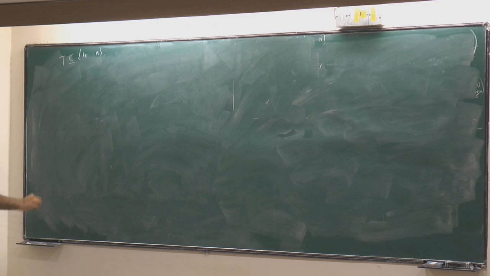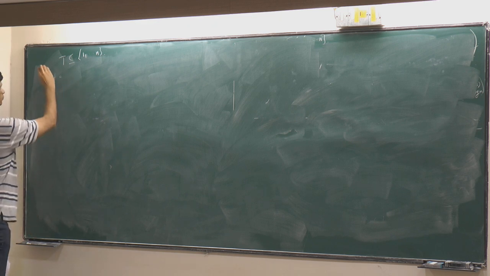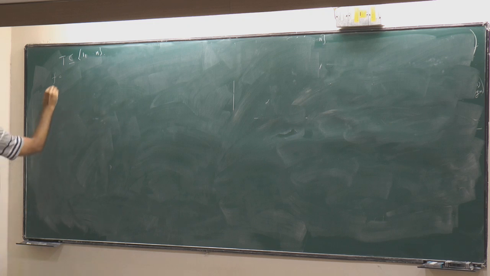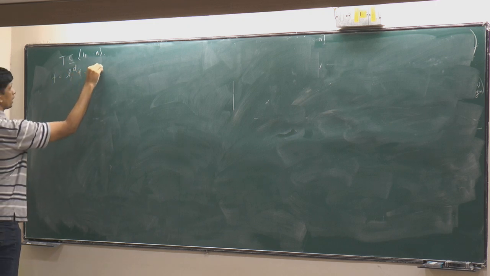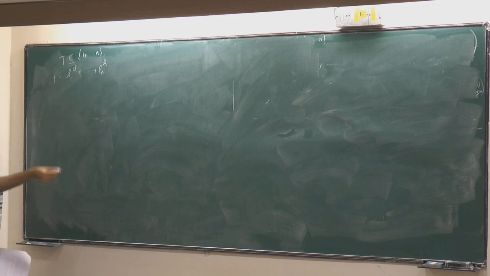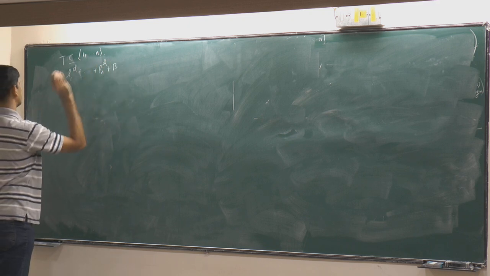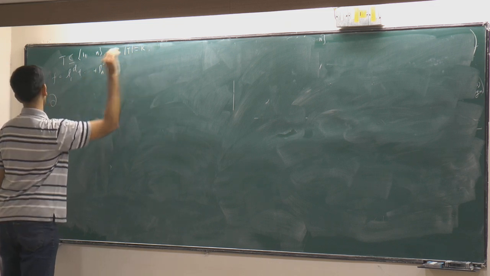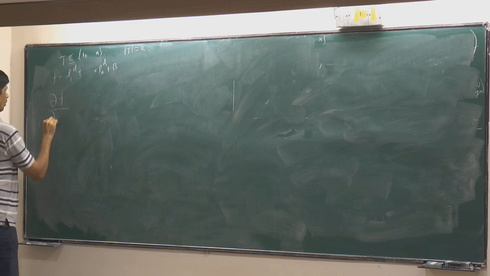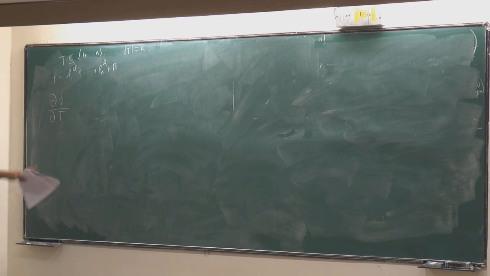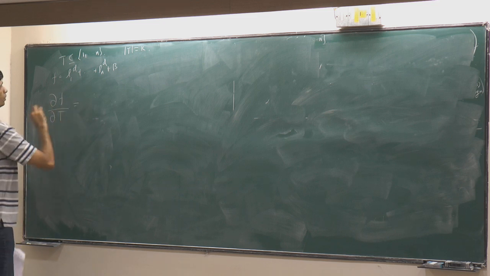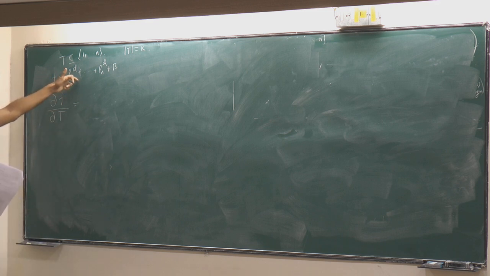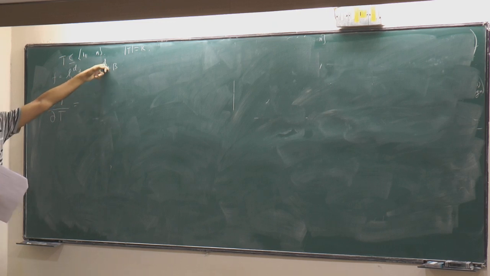Power symmetric polynomial. Say f is L1 to the d plus etc. plus Ln to the d plus some beta. The cardinality of p k. So if I look at the multilinear derivative of f with respect to t, if I take the first order derivative, this will look like some coefficient times L1 to the d minus 1 plus etc., plus some coefficient times Ln to the d minus 1.